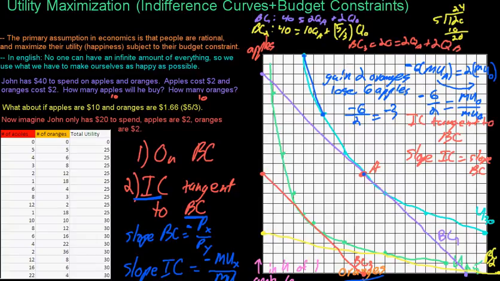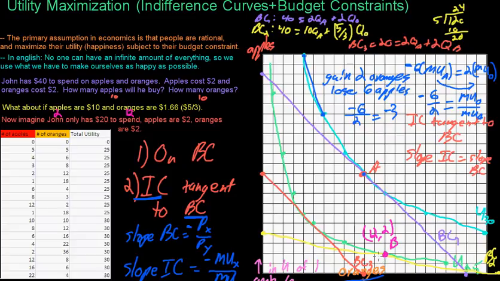Well, then we can see that the budget constraint is tangent to the indifference curve right here at point B. And so that will be 1, 2, 3, 4, 5, 6, 7, 8, 9, 10, 11, 12 oranges. So that will be 12 oranges and 2 apples. So he will buy 12 oranges and he will buy 2 apples for that exact same reason. And he could not be any happier given his resources and the prices of apples and oranges.